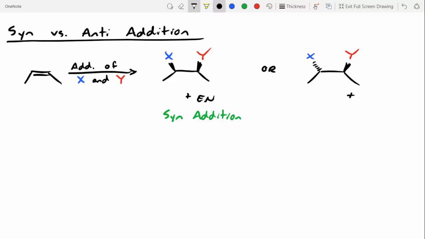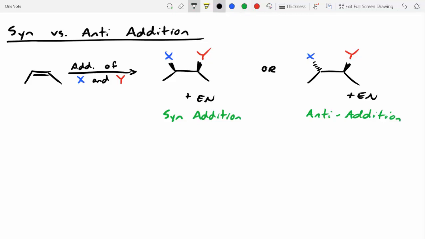And again, we would end up with a mixture of enantiomers here. So this would be anti. With these guys, it really depends on your substrate, but for this example that I've shown, you would get a mixture of enantiomers. All right, so now we have to try to identify the reactions that fall into each class.